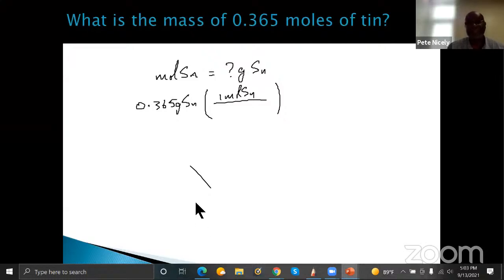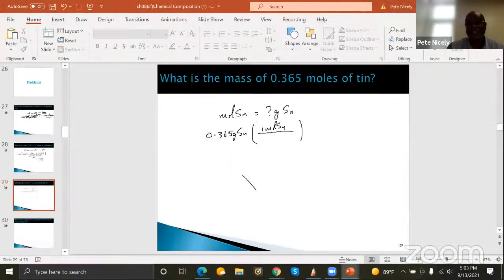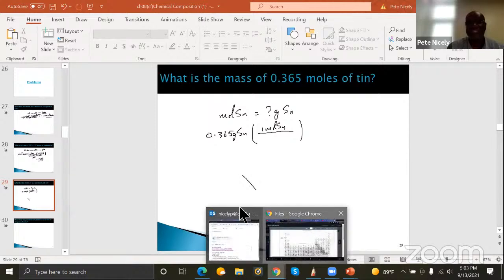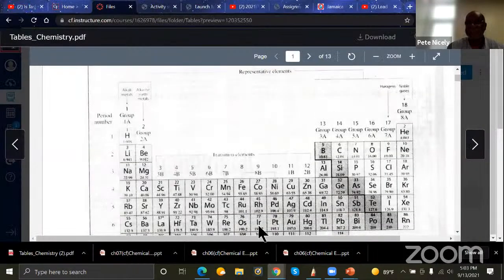So let me look up the molar mass of tin. Where's tin? Tin is here. Okay, so the molar mass of tin is 118.7.